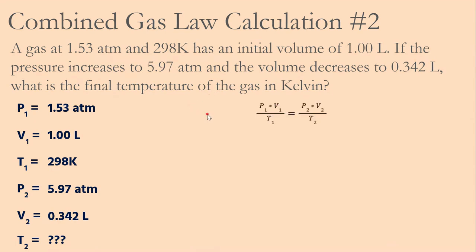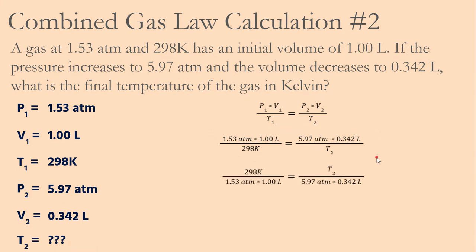We'll set up our equation, plug in everything that we know. Notice that T2 stays the same, and just like in a previous example, notice that T2 is in our denominator. Now we need to get that out of the denominator one way or another. My preferred method is that because everything in our equation is a fraction, we can simply flip everything.